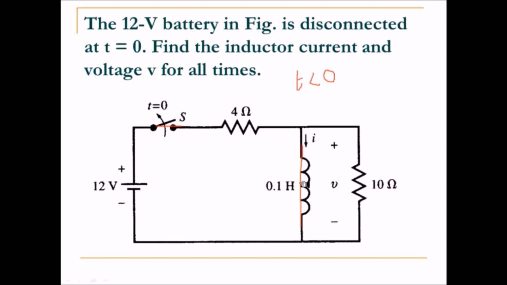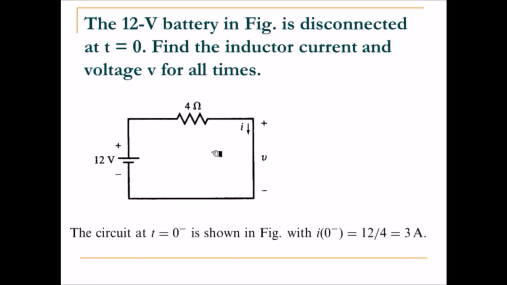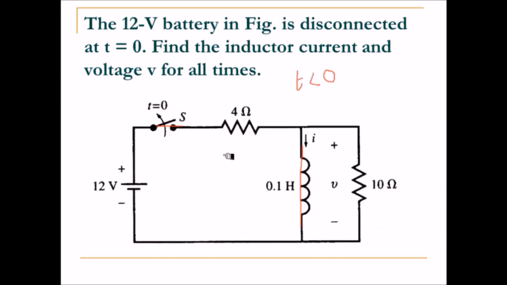Now the short circuit is in parallel with 10 ohms. If you calculate the equivalent resistance of the short circuit, which is 0 ohms, in parallel with 10 ohms, the equivalent resistance of this parallel combination is equal to 0. So you can replace this parallel combination by a short circuit.